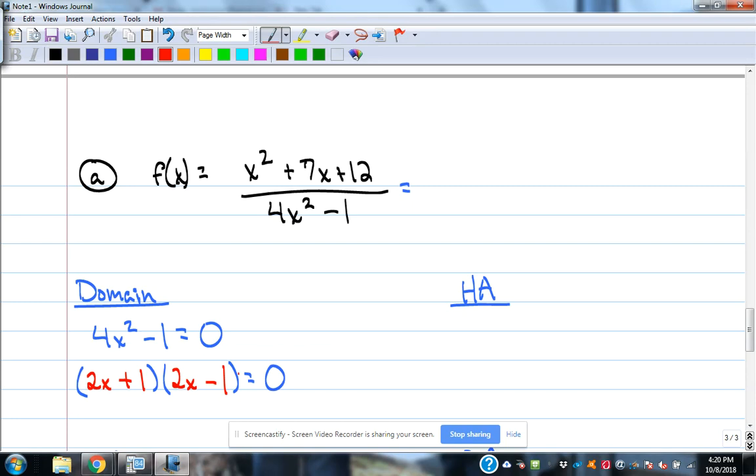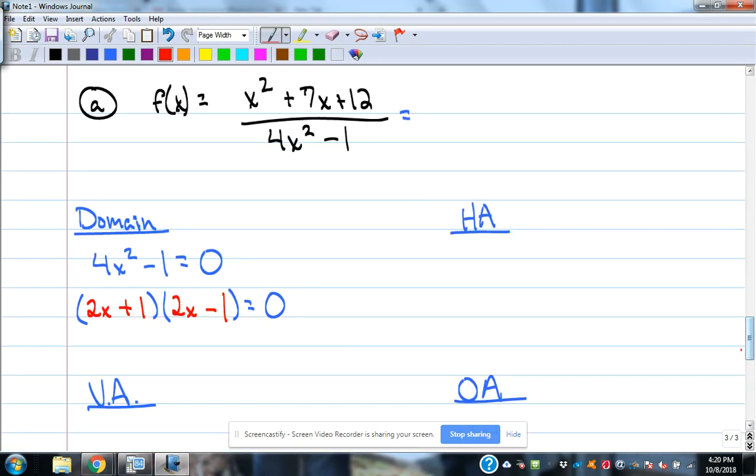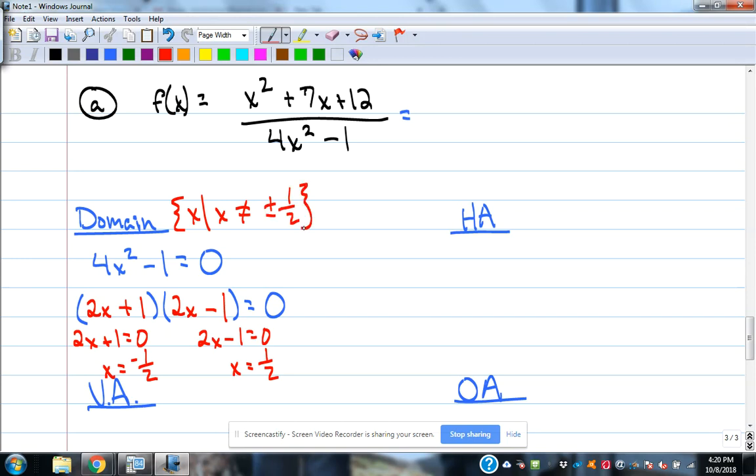So there are the factors for the denominator. Then I'd set each of those equal to 0 and solve them. 2x plus 1 equals 0 gives negative 1/2, and 2x minus 1 equals 0 would be positive 1/2. So our domain is x does not equal plus or minus 1/2.